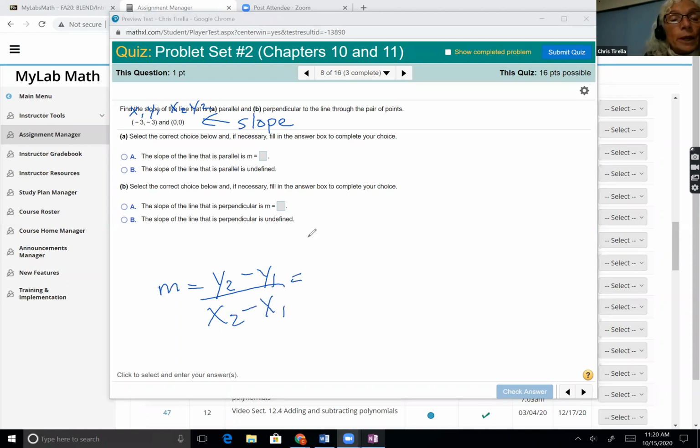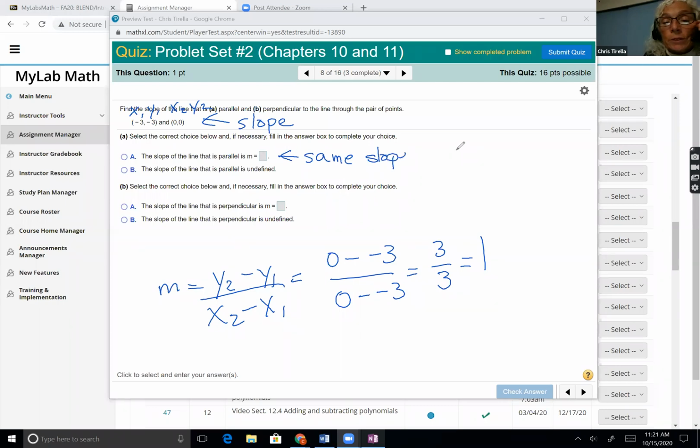And so working that out, I get (0 - -3) over (0 - -3), which gives me 3 over 3, which would be 1. And now parallel lines have the same slope. And so this answer would also be that the slope is 1.